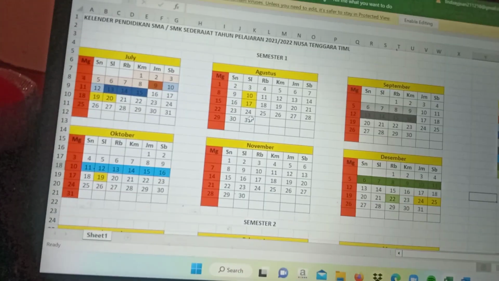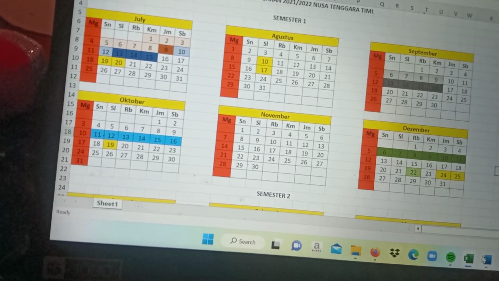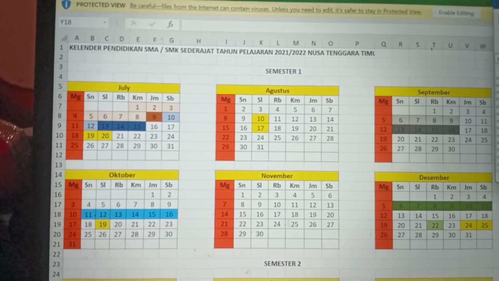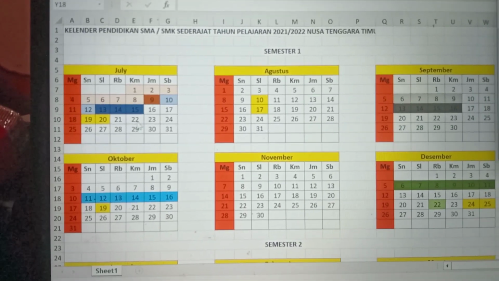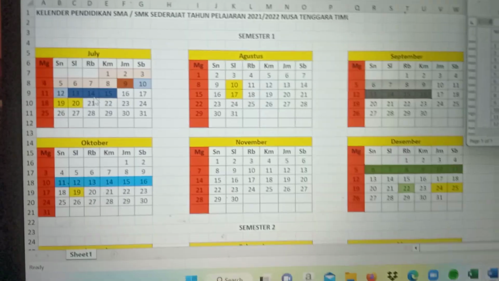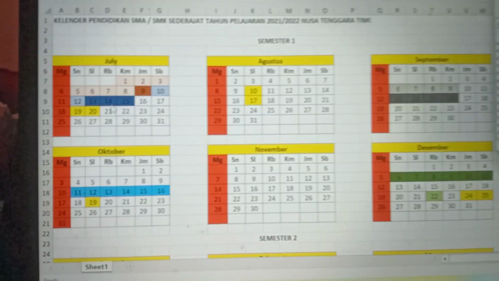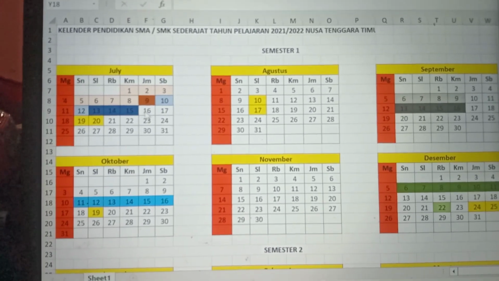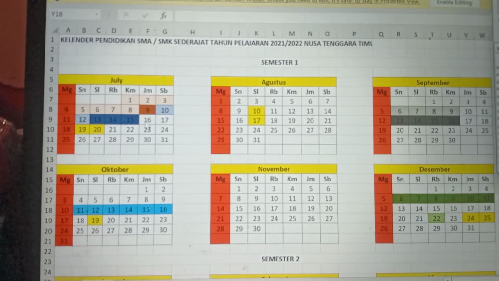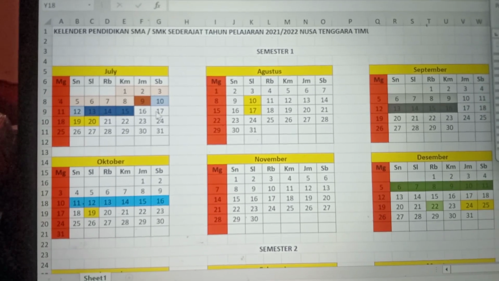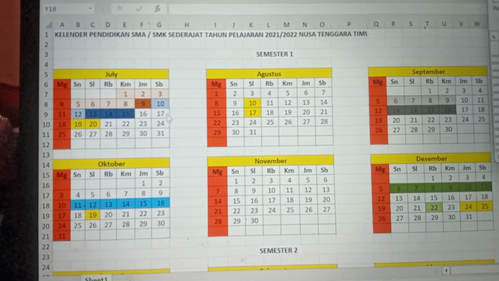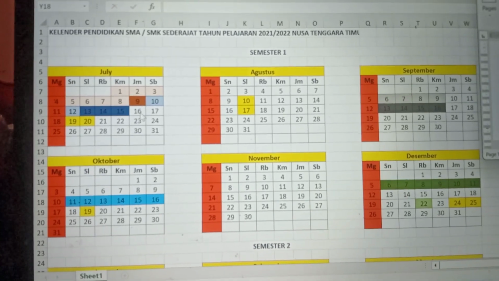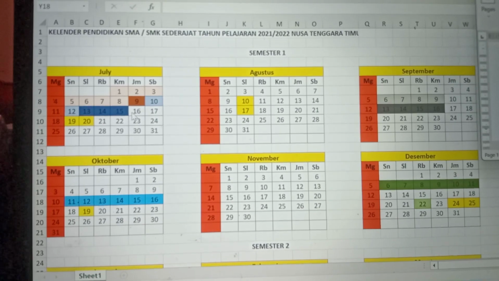Now let's start to count in July. In July, the effective weeks is... here there are white columns but only 2 days, so we can't count it as an effective week, because effective weeks must contain 3 days or more.